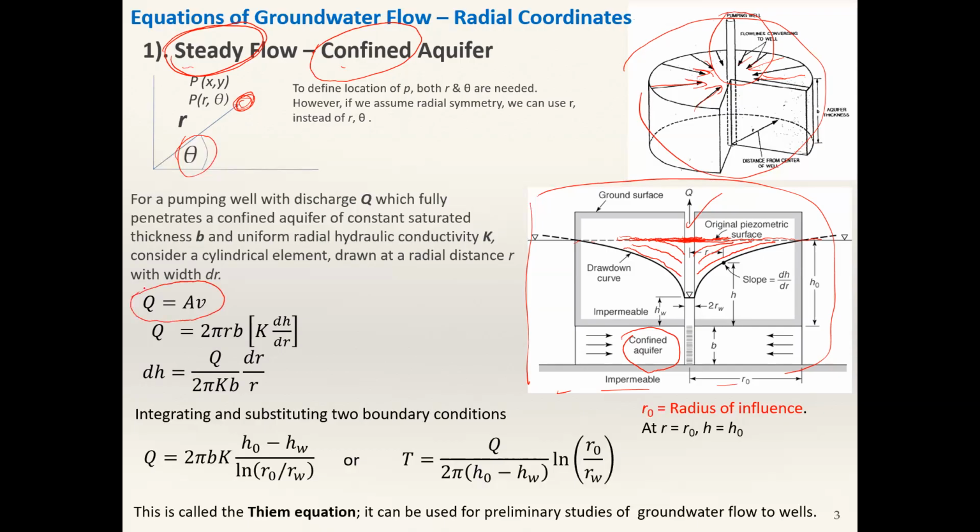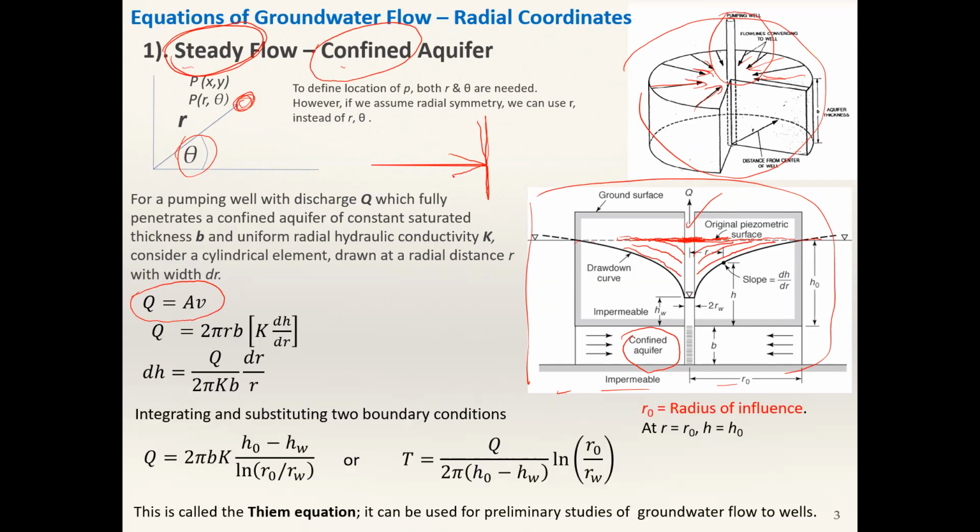We can write Q is equal to AV. What is special about this A and V? A is the cross-section area, V is the velocity, the average velocity. This A and V are perpendicular to each other. If this is your cross-section, then the flow rate should be perpendicular to this cross-section, right? So now, think about this aquifer.